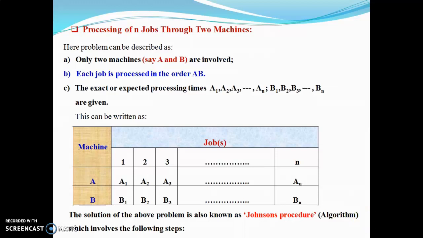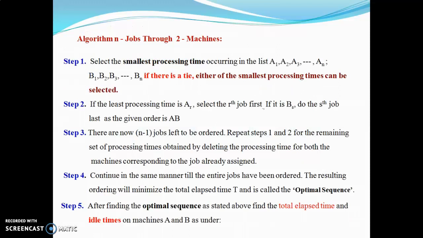It means the sequence in which n jobs should be processed through two machines so as to minimize the total elapsed time, capital T. After that, we have seen the algorithm steps of n jobs through two machines.